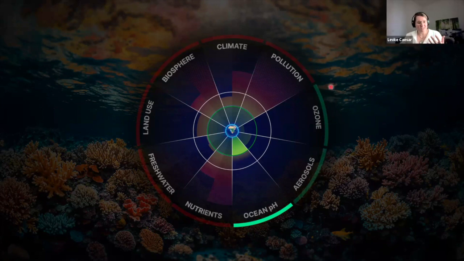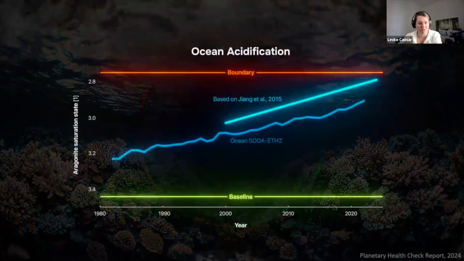And what happens is when CO2 dissolves in seawater, it forms what we call carbonic acid, which lowers the ocean pH level and reduces the availability of carbonate ions, which on the other side are essential for marine organisms that build their shells and skeletons, like, for example, corals, mollusks, and plankton. And this graph shows the progression of ocean acidification.